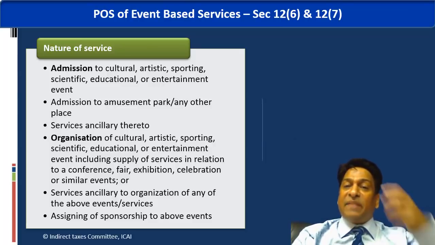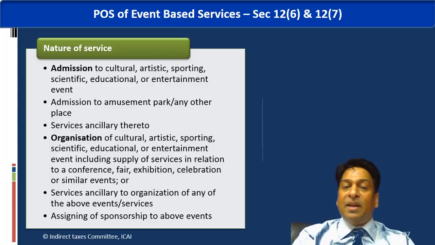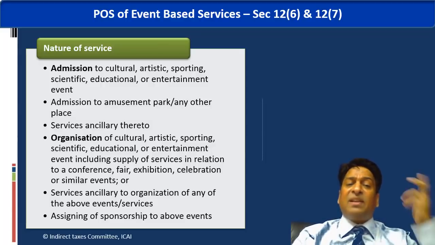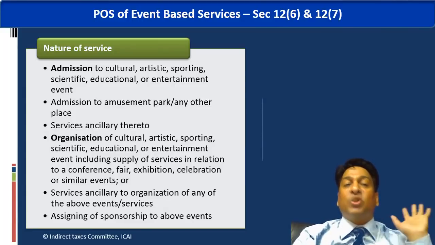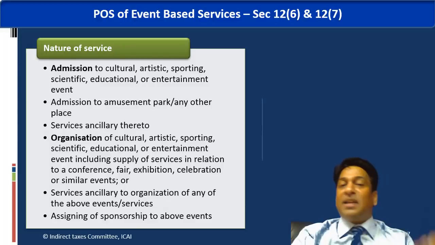And organization, which falls under 12.7, covers organization of a cultural, artistic, sporting, scientific, educational or entertainment event, including services ancillary thereto. So we have to identify the place of supply.